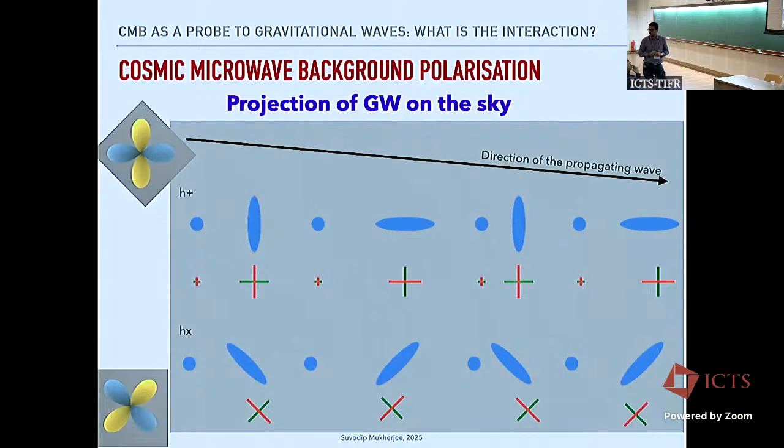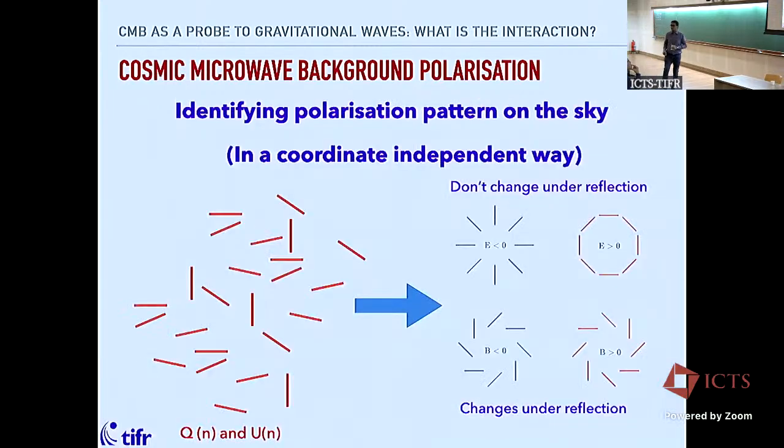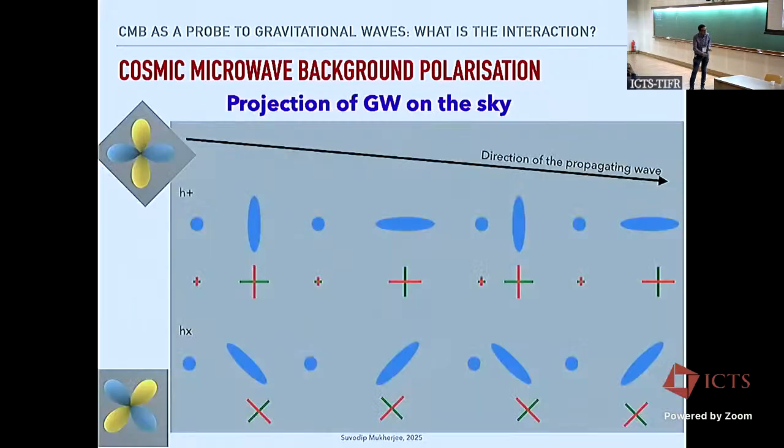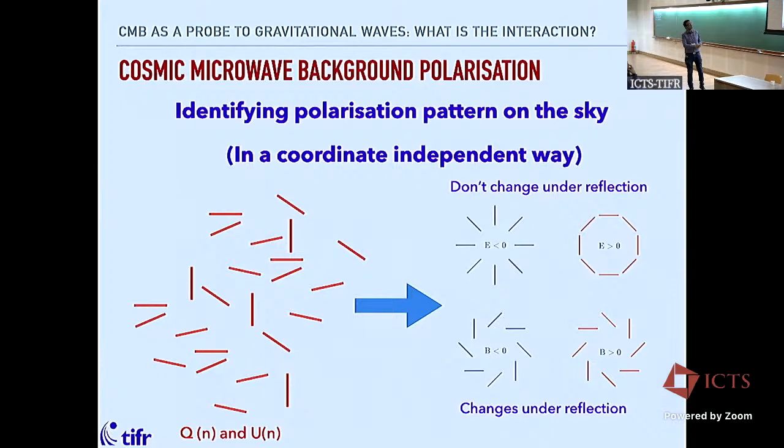Are you able to follow what I'm saying? Not convinced? Okay, let me go to the next slide, possibly that will convince you. So if I start using the argument of this directionality and go back to this slide, any distribution of polarization Stokes parameters Q and U, I would now write in terms of plus with something we call the E mode, that does not change sign under parity.